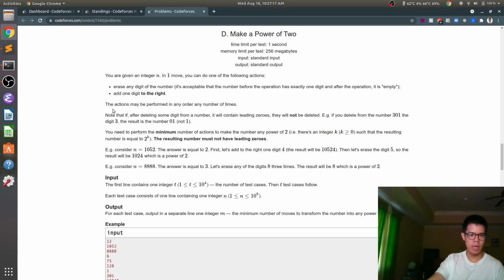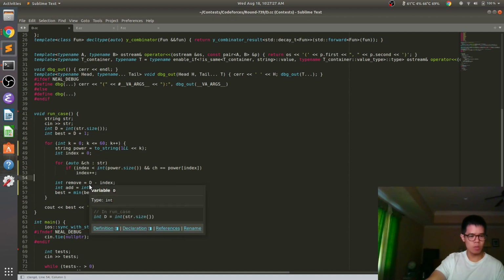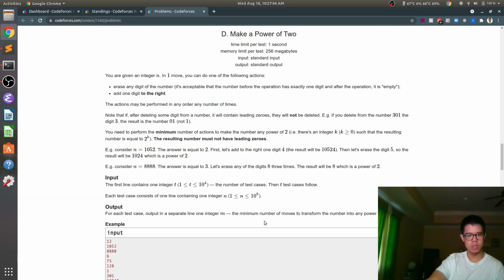The reason is we can only add to the right, so we need to match some left prefix perfectly, and this is just a greedy to find the longest matching prefix. Once we find that, the amount we have to remove from our original string is the string size minus the index minus the number of matched characters. The amount we need to add is the length of the power minus the number of matched characters. And that is our candidate. And that's it, so that is problem D.